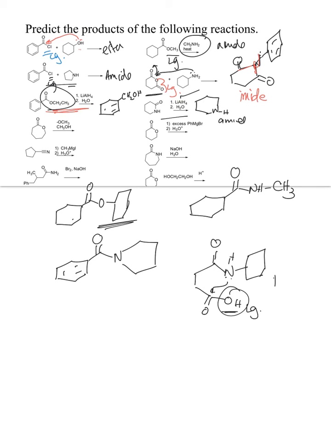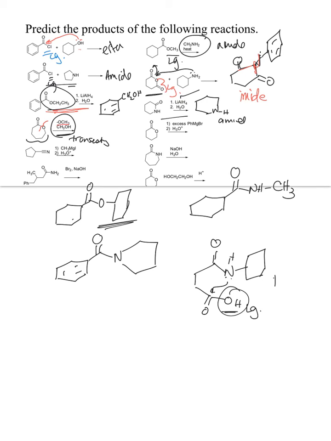This here, this is base, and this is methanol. So this is transesterification. This is an internal ester, and we're going to replace this ester group here with this methyl ester.